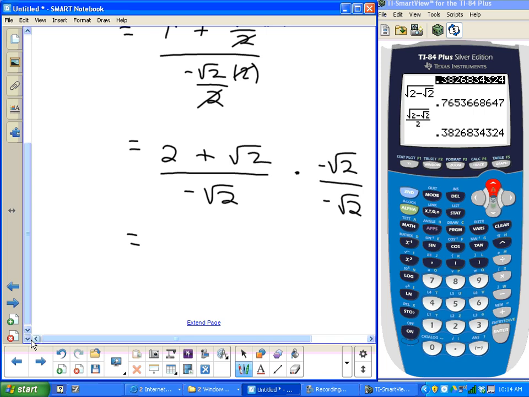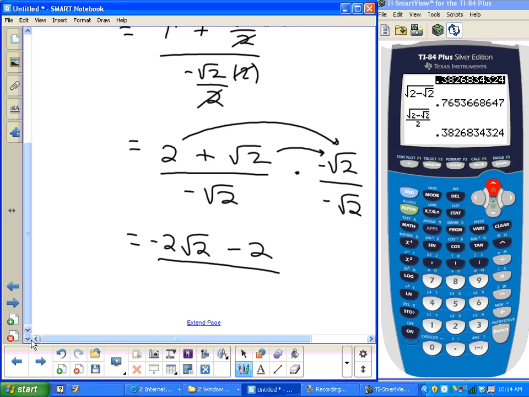Okay, so you get 2 times negative square root of 2 would just be negative 2 square root of 2. And then positive square root of 2 times negative square root of 2 would be negative 2. Now, it'd really be minus the square root of 4, but then that would just be 2.